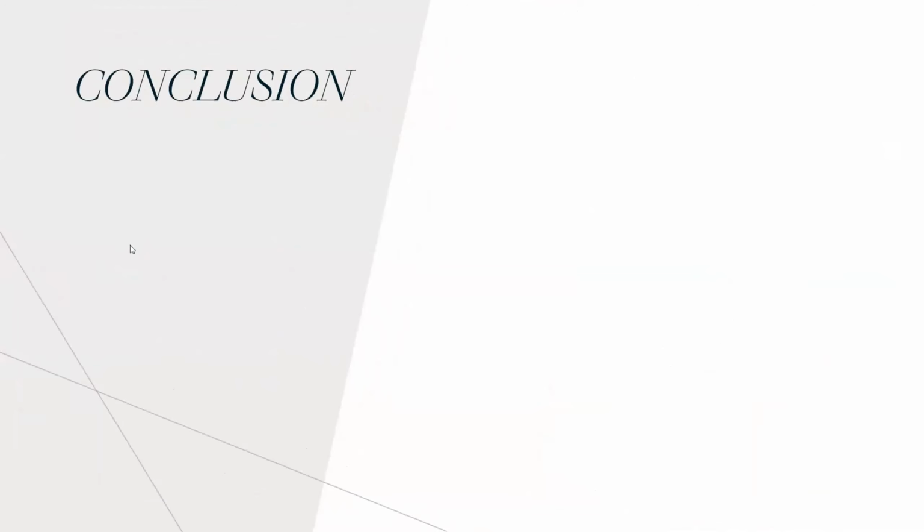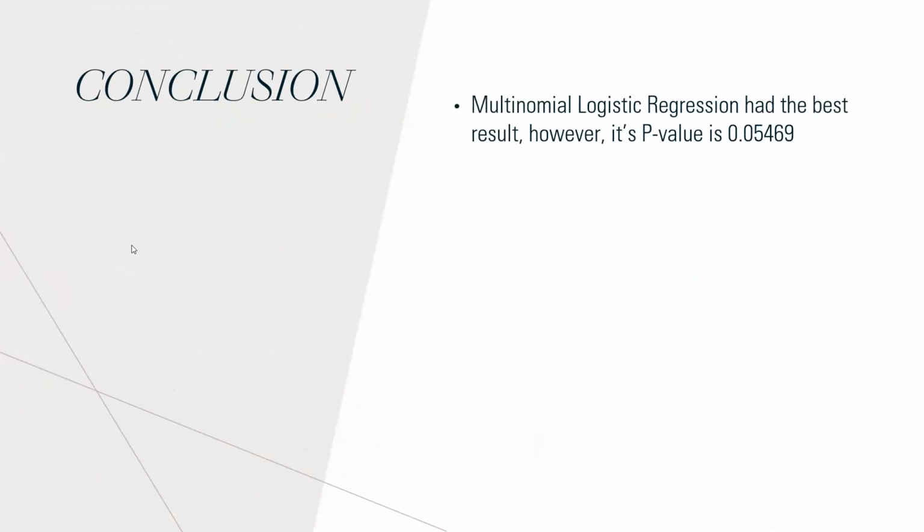So what can we draw from this for conclusions? Multinomial logistic regression had the best result. However, its p-value was 0.05469, so it's slightly above the typical threshold of 0.05, so it's not really significant, sadly.